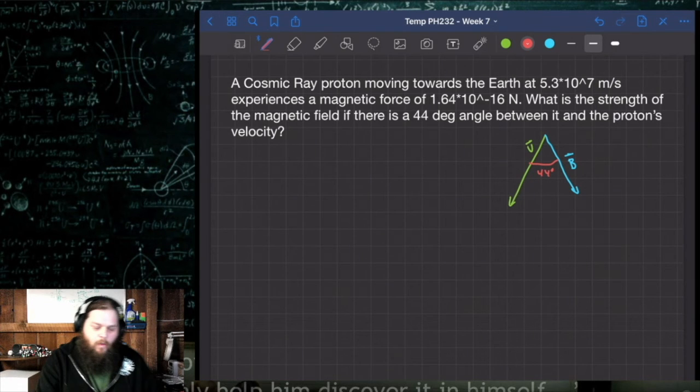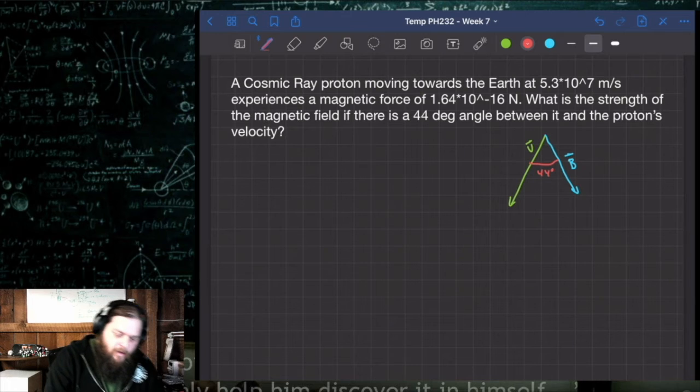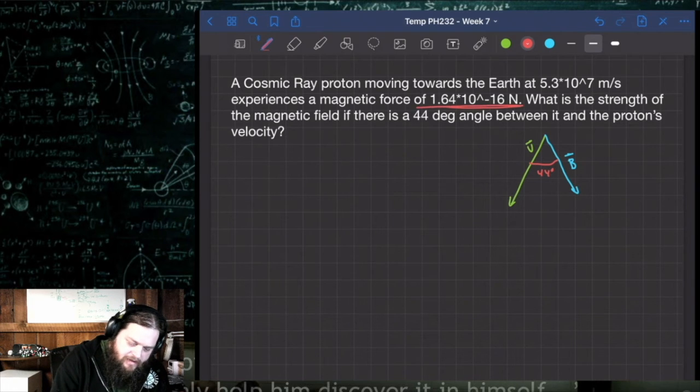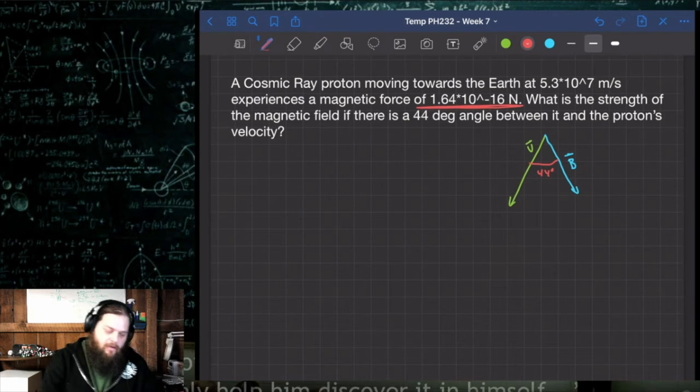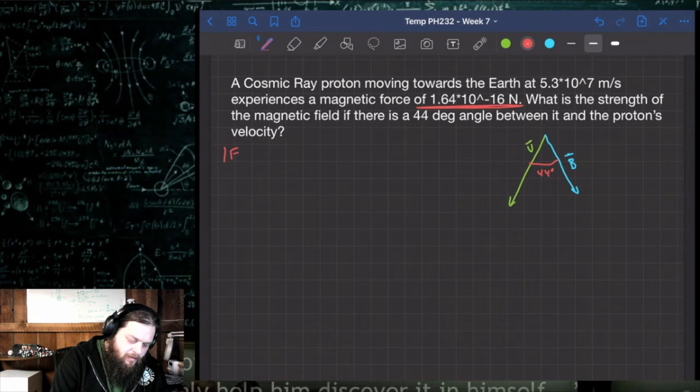Anyway, we have that type of situation where the magnetic field and the velocity vector have a difference of 44 degrees between them, and we know the magnitude of force that's given on it is this guy, 1.64. So I can say the magnitude of force B is equal to 1.64 times 10 to the negative 16 newtons.